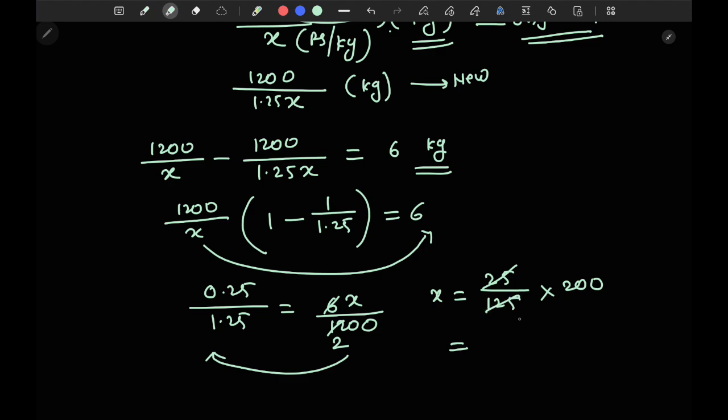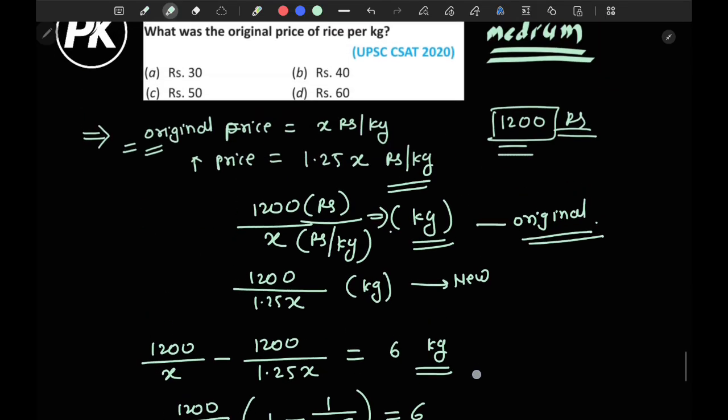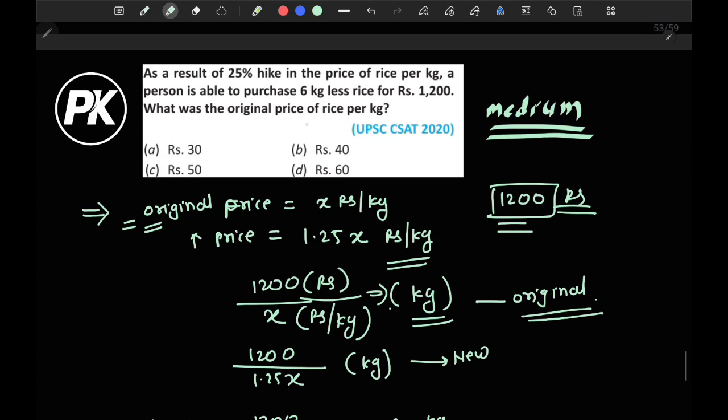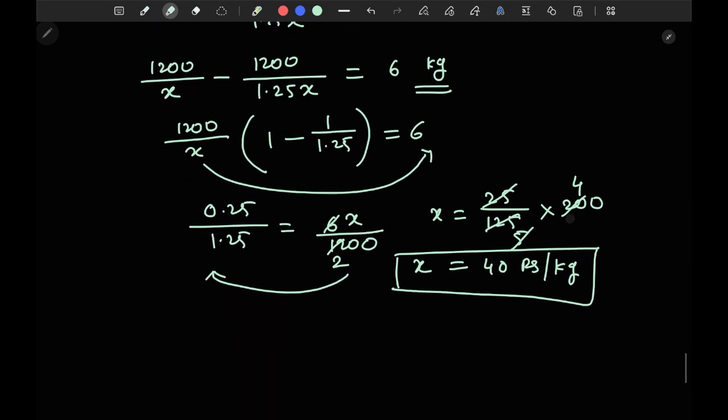So 25 fives are 125 and 5 fours are 20, and hence x equals 40 rupees per kg. Hence the original price of the rice per kg equals 40 rupees, and hence option B is correct.